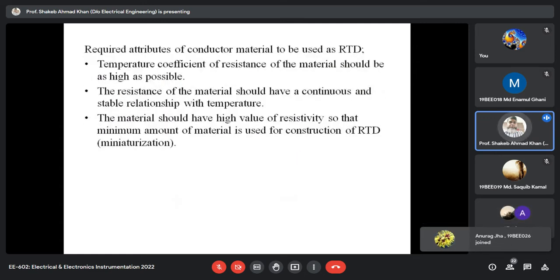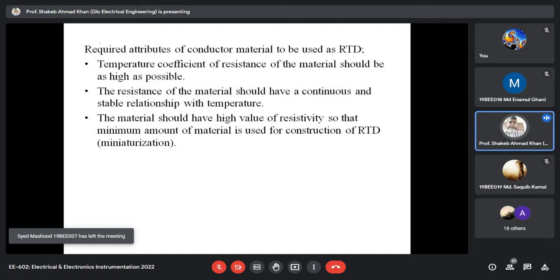Now, as I told you, there are many different conducting materials. As far as the RTD is concerned, any piece of conducting wire or piece of conducting material can be used as an RTD.